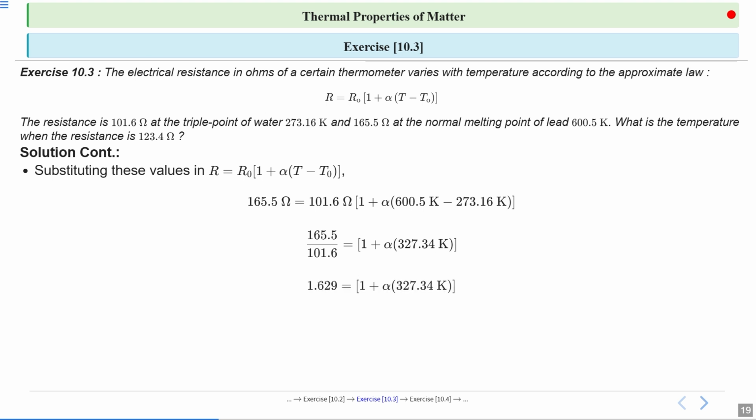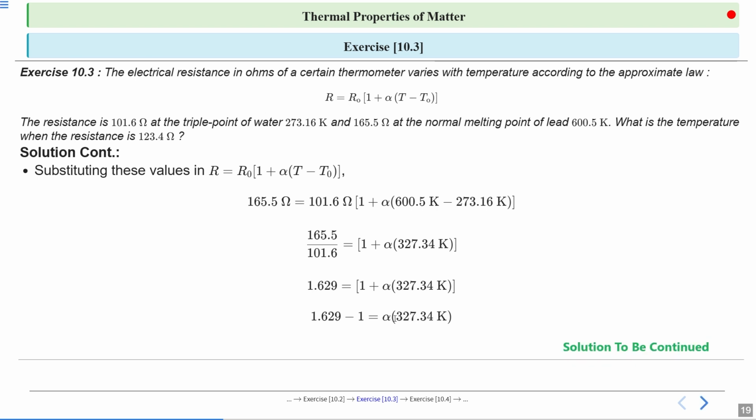So it will be 1.629 is equal to 1 plus alpha into 327.34 Kelvin. So 1.629 minus 1 is equal to alpha into 327.34 Kelvin.